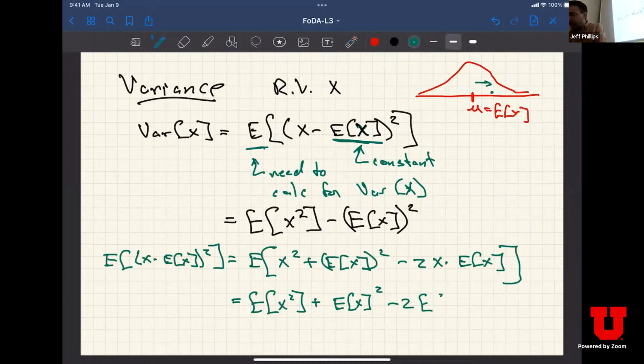That's also a constant, so that's being brought out as a coefficient. And then what's remaining is this guy, and that gets pushed through the expected value on X.